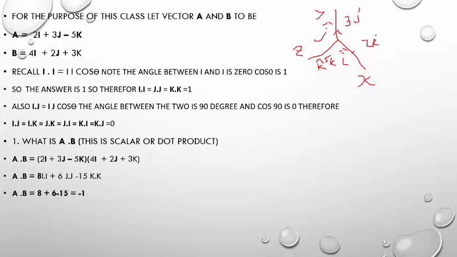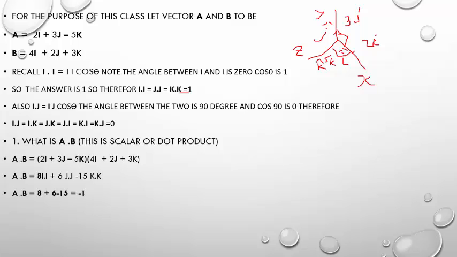So i dot i is equal to j dot j is equal to k dot k, and it will give me 1. And also i dot j equals the magnitude of i times the magnitude of j, times cos 90 degrees. The angle between j and i is 90 degrees. The angle between k and i is 90 degrees.